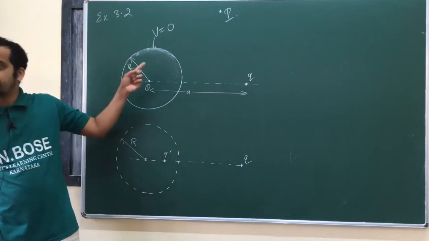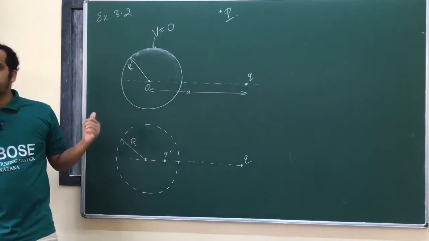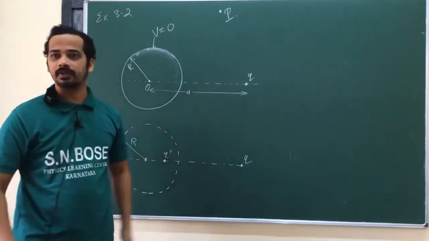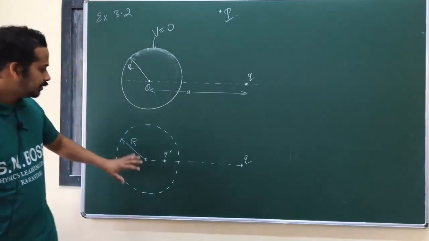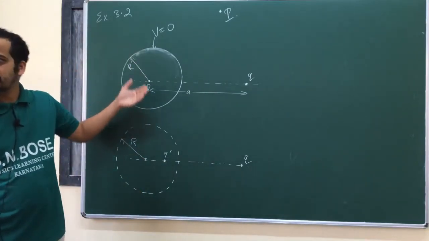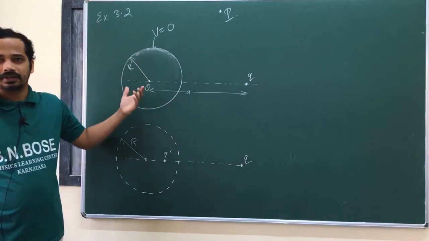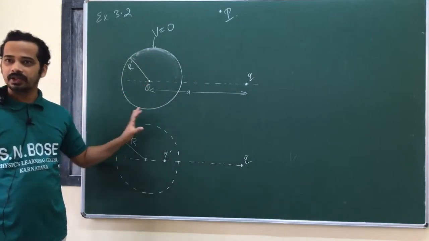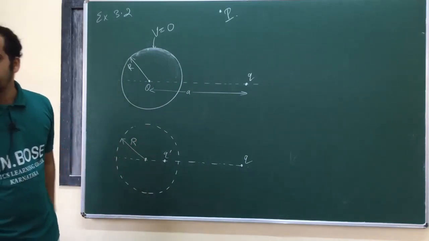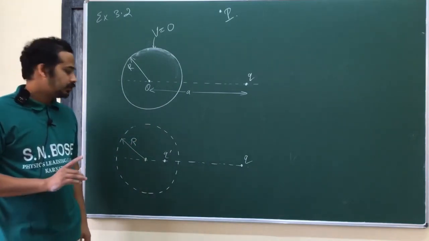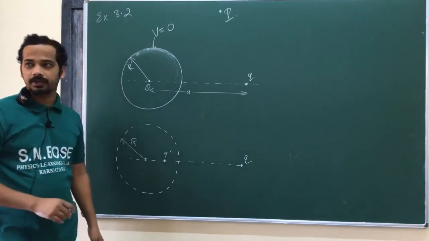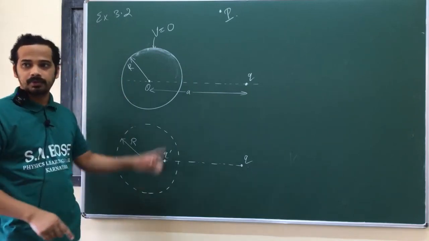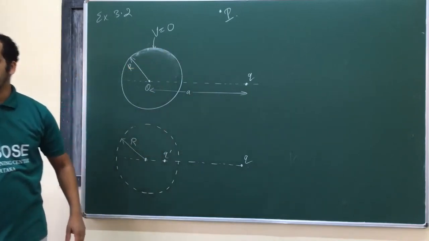Inside this region, both are different. In the earlier image problem also, below the plane, both were very different. Inside the conductor, the potential is actually zero because we didn't place any charge inside it. But in this region, you place the charge, so inside the region the potential is altered. But our idea was not to find the potential inside in the actual problem. It is to find the potential outside.